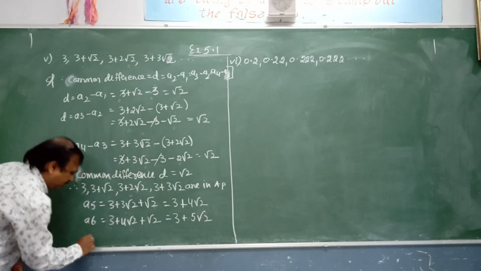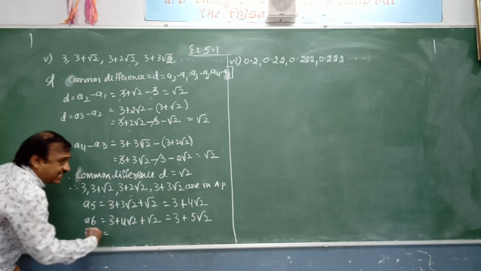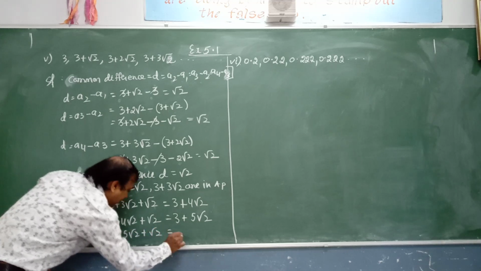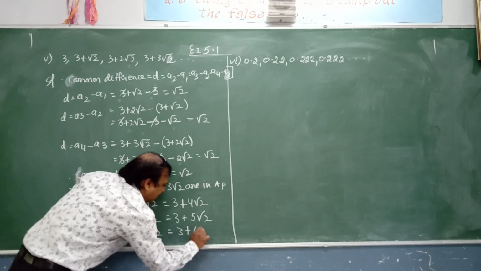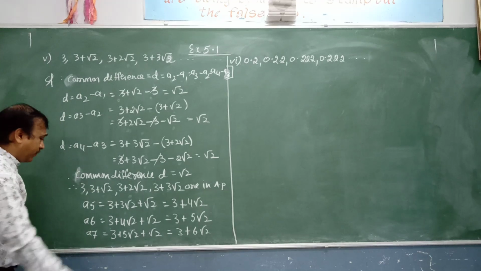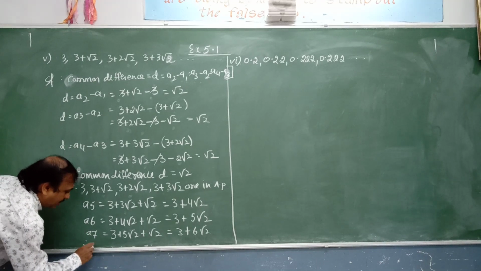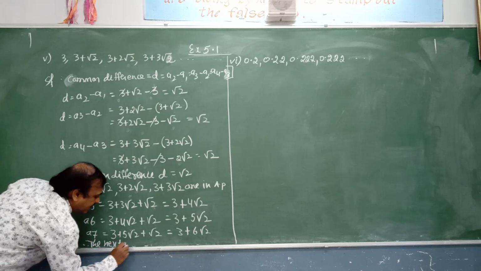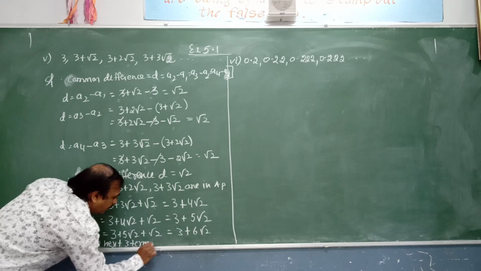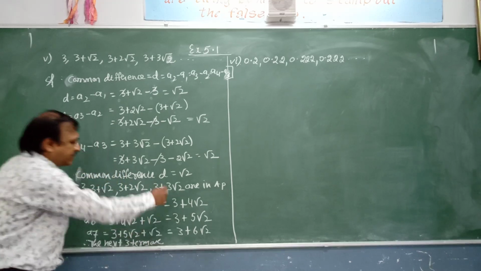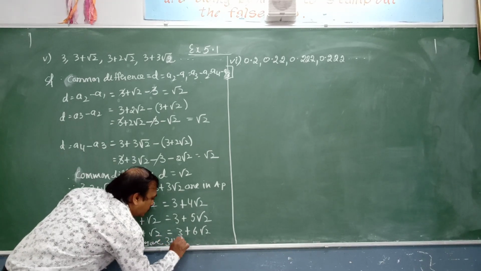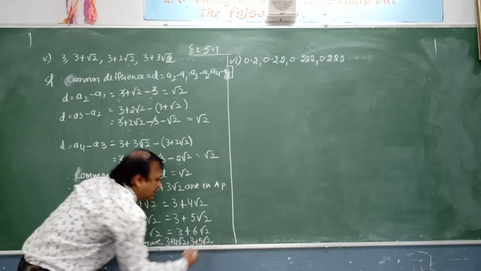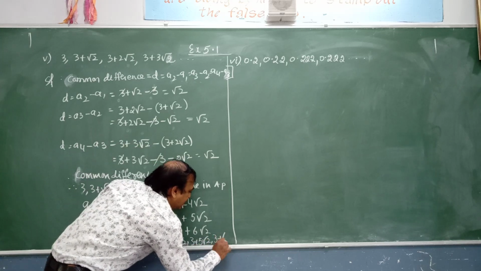Next a7, the next 3 terms are asked: 3 plus 5 root 2 plus root 2 will give you 3 plus 6 times root 2. Therefore, the next 3 terms are 3 plus 4 root 2, 3 plus 5 root 2, 3 plus 6 root 2.